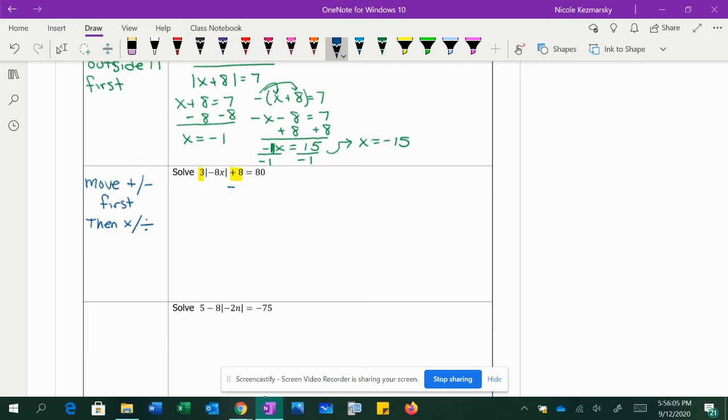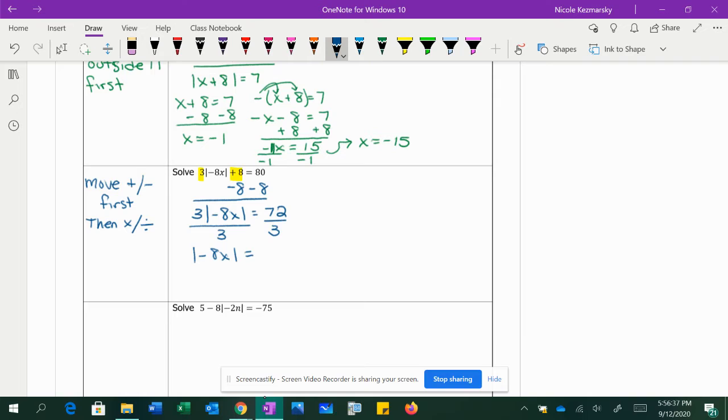So I'm going to subtract 8 first to both sides. So that gives me 3 times the absolute value of negative 8x equals 72. I'm going to divide by 3. And so I'm going to get absolute value of negative 8x equals, if you're not sure what 72 divided by 3 is, you could use a calculator or you could use some long division.